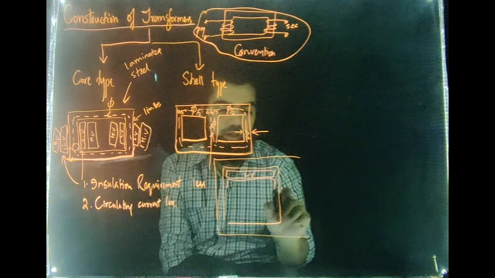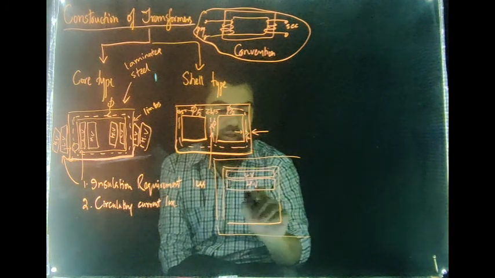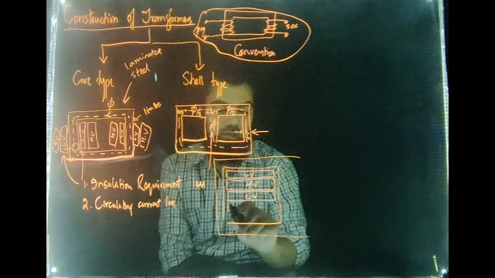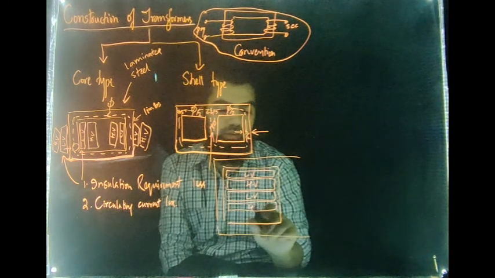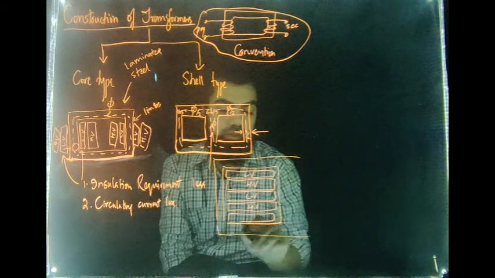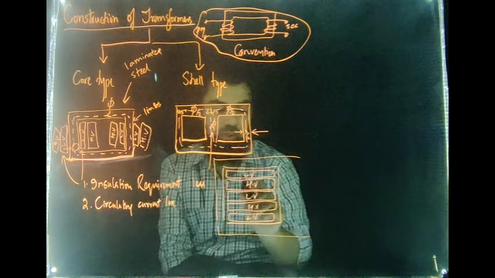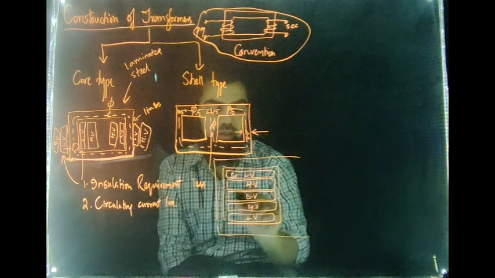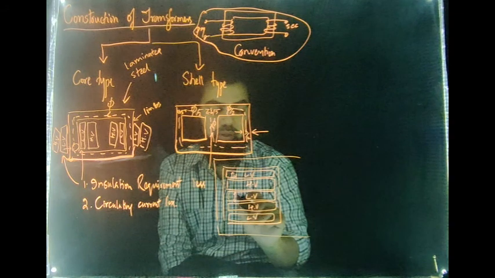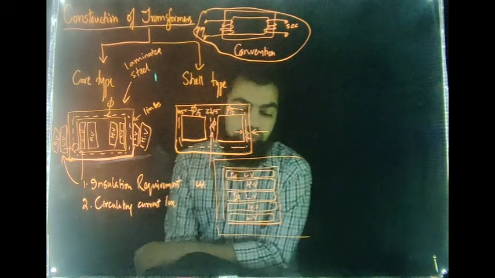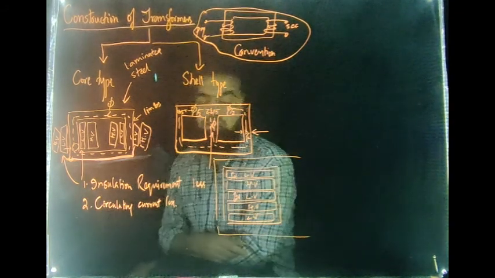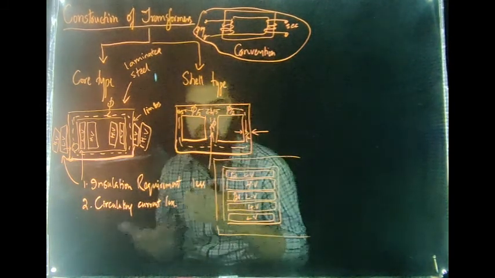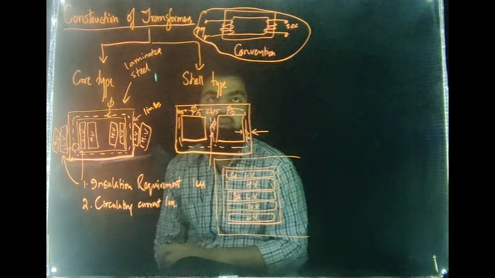Then you will have the HV winding, then again the LV winding, then the HV winding, and then the LV winding. The difference here is that if the breadth of this LV winding is, for example, D, then the depth of the LV winding in the center will be 2 times D. That means the windings will be more in this transformer.